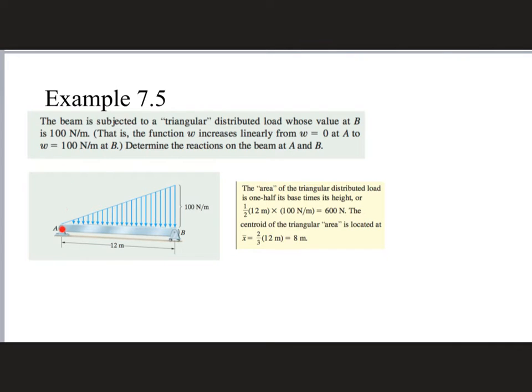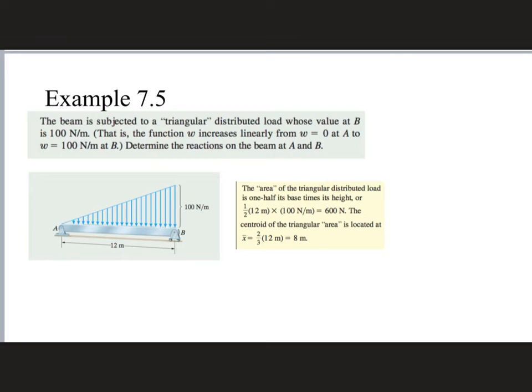Now, we can use what we saw previously to calculate the total force of this load simply. We know that the total force of the load is going to be the integral of this triangular function times dx, but that's equivalent to the area under this triangle because of our area analogy.